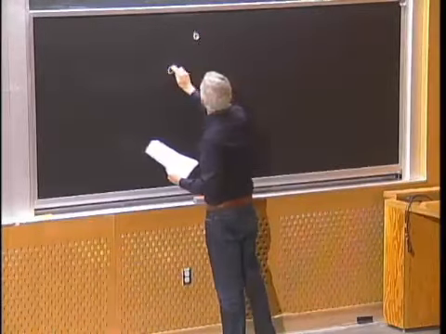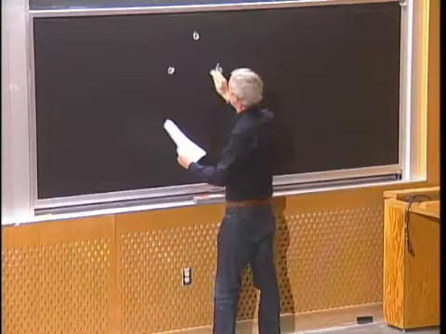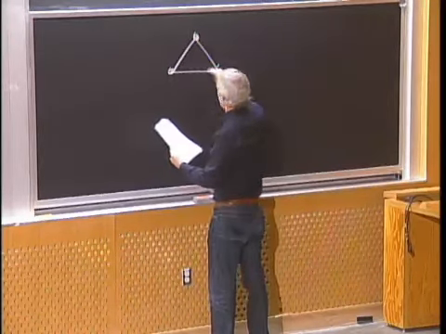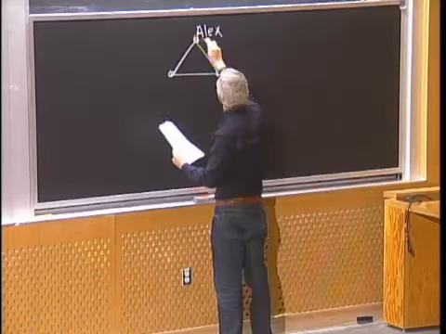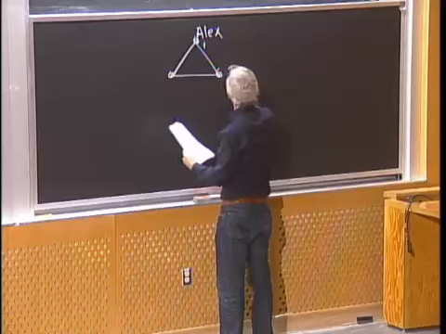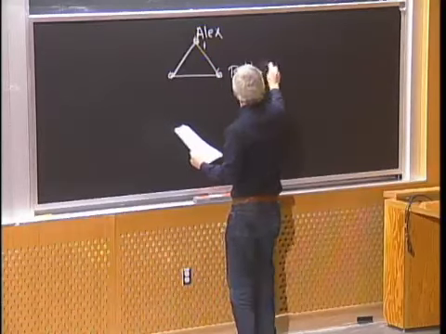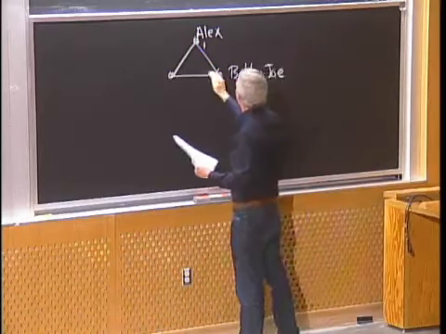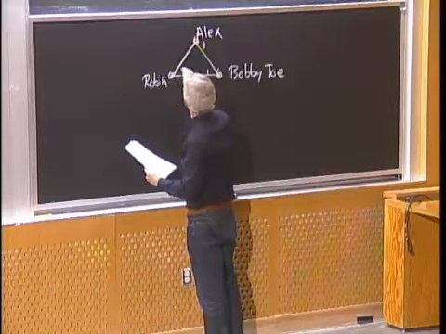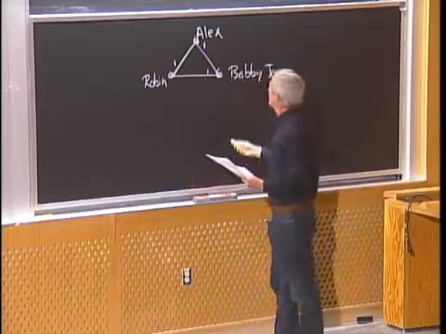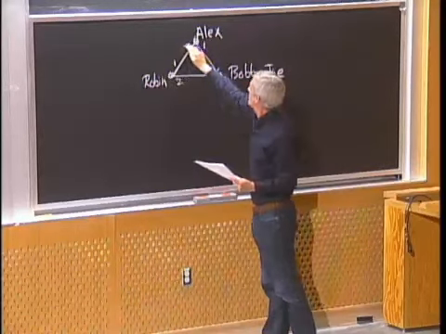So here's a bad example with 4 people. And the idea is to create a love triangle. So we have Alex, who prefers Bobby Joe. Bobby Joe prefers Robin. And Robin prefers Alex. And their second choices go in the opposite order there.